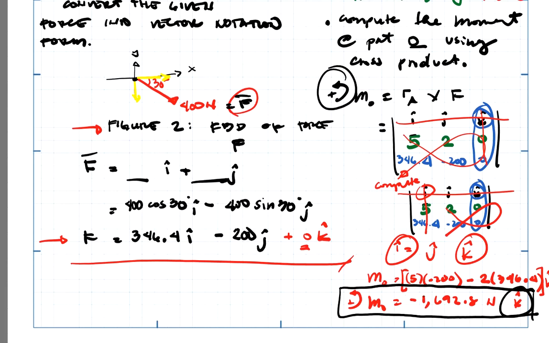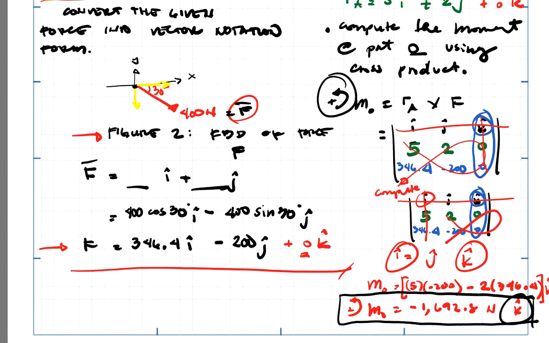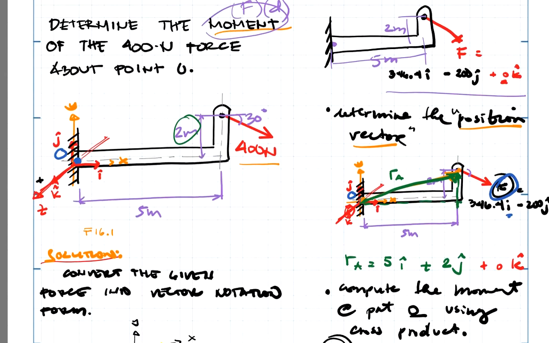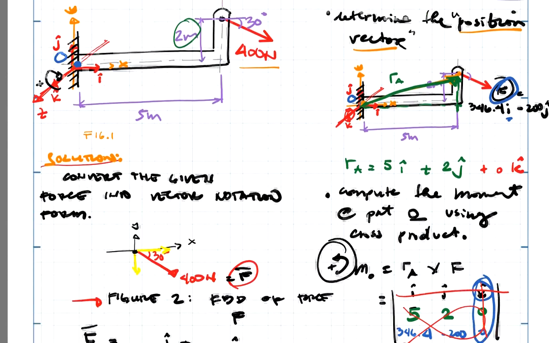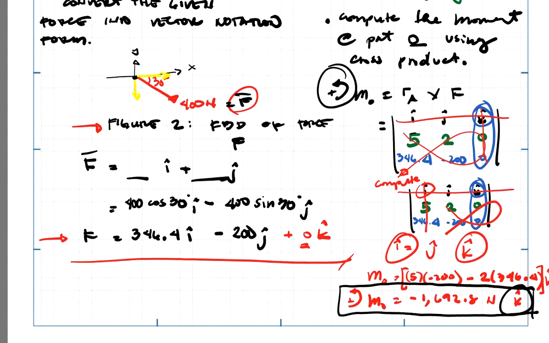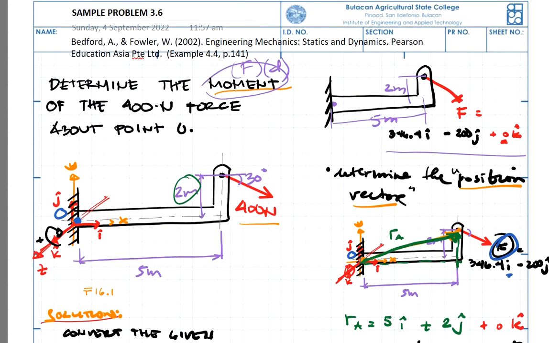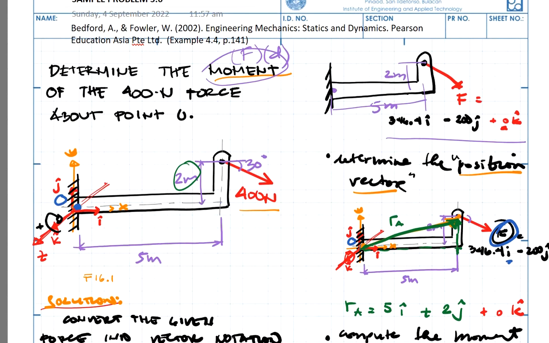Since our answer is negative, our rotation is against this positive rotation. So the moment that it causes is going in this direction at about 1692.8 Newton-meters. Okay, that is how we compute or determine the moment using the vector notation approach.